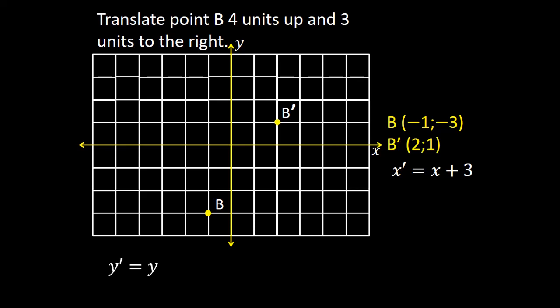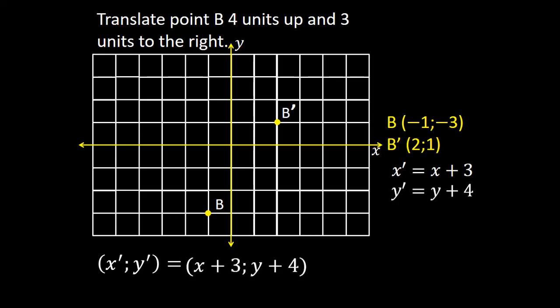Negative 3 plus 4 gives you 1. And so that's my formula for my y prime. Now let's write it in full. x prime, y prime equals x plus 3, y plus 4.